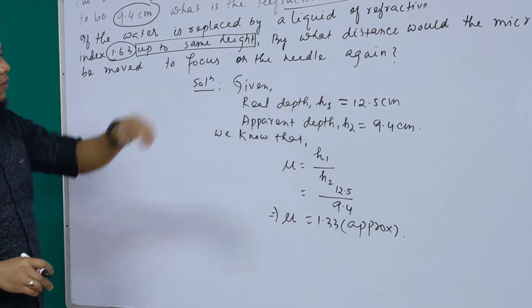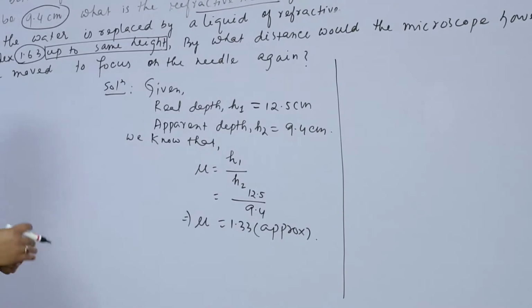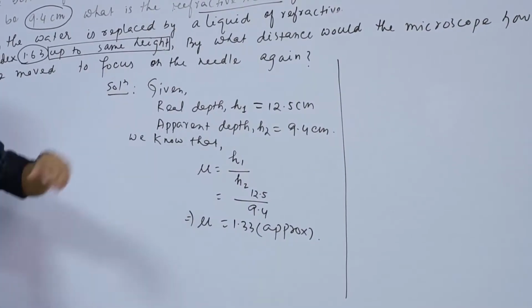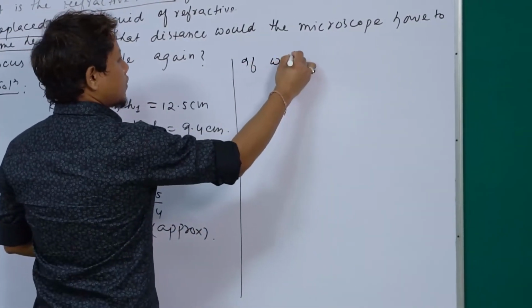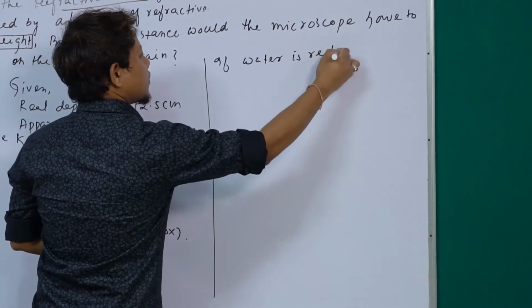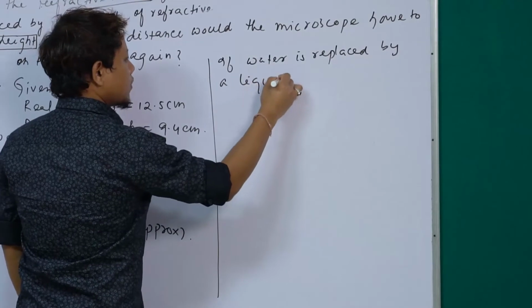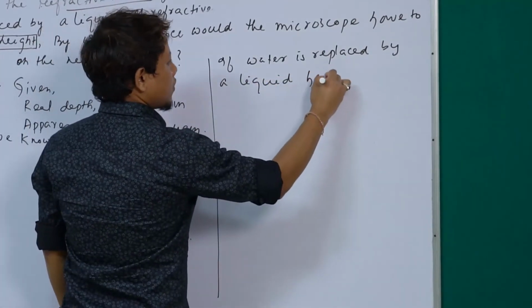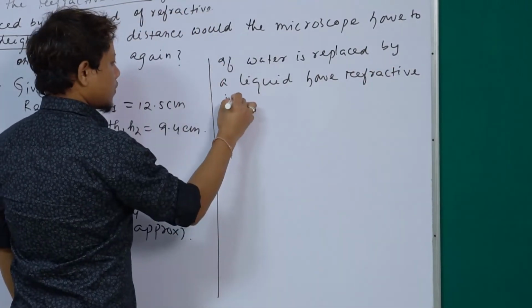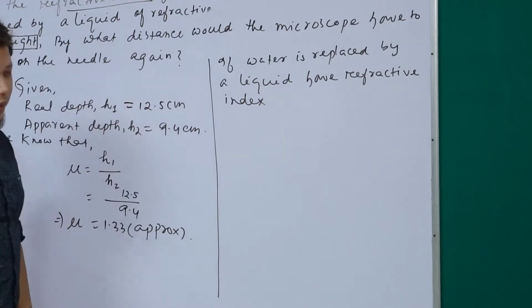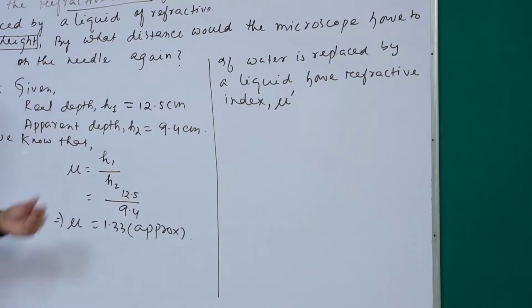Now we'll solve the second part of the question. In part 2, as I have already told you, we have to find the apparent depth. Here, if water is replaced by a liquid having a new refractive index, I'll take the symbol as mu dash, or you can use small n in place of the refractive index.